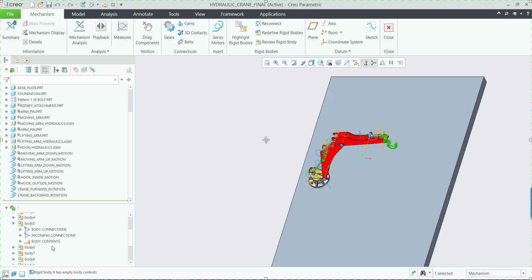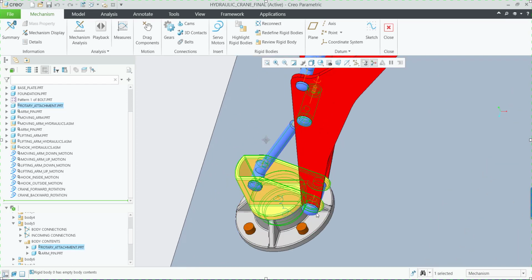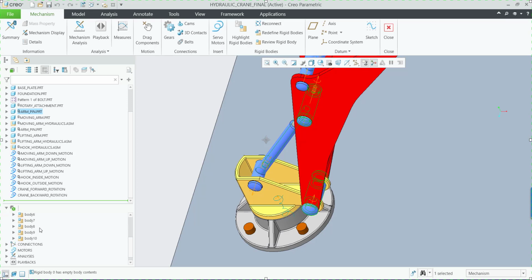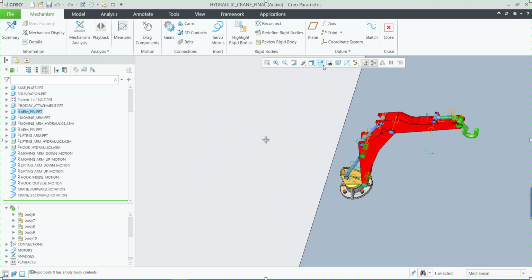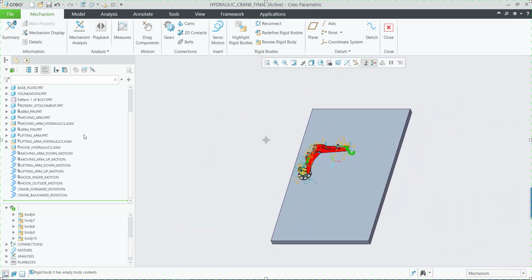Then the body 5, that's nothing but the rotary attachment along with the arm pin, because we know that this arm pin over here is a kind of rigid body connected to the rotary attachment. So the bodies over here are listing the proper mechanism body definitions, and we are having 10 bodies, but ideally the components are 14. That way the mechanism has been established.